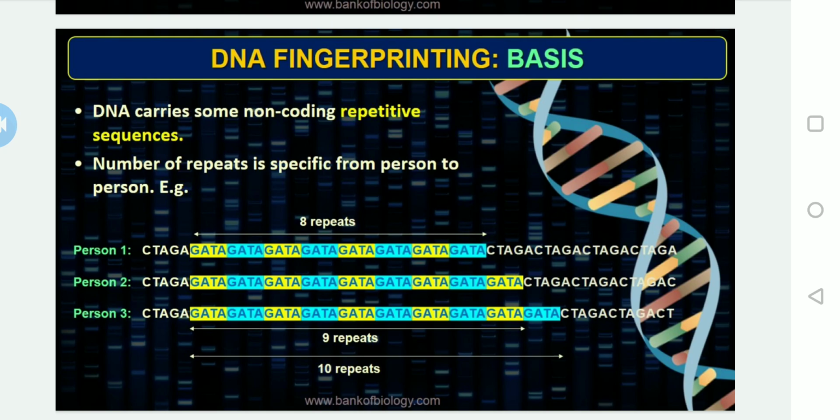In the second case, about 9 repeats are present. And in the third case, 10 repeats are present. So the number of repeats is specific from person to person, but still DNA carries some non-coding repetitive sequences.